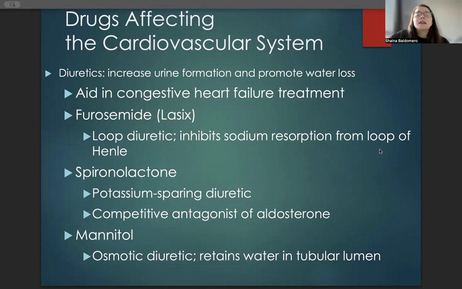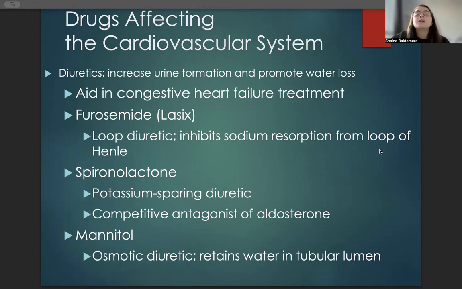So diuretics help move fluid out of the body, but they also remove electrolytes in the process. So, electrolytes, we are talking about sodium, magnesium, potassium, just to name a few of the vitamins and minerals that are included within electrolytes.